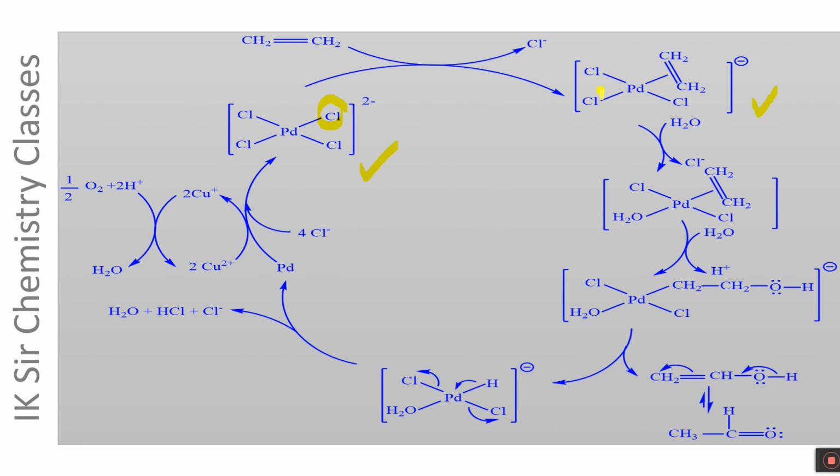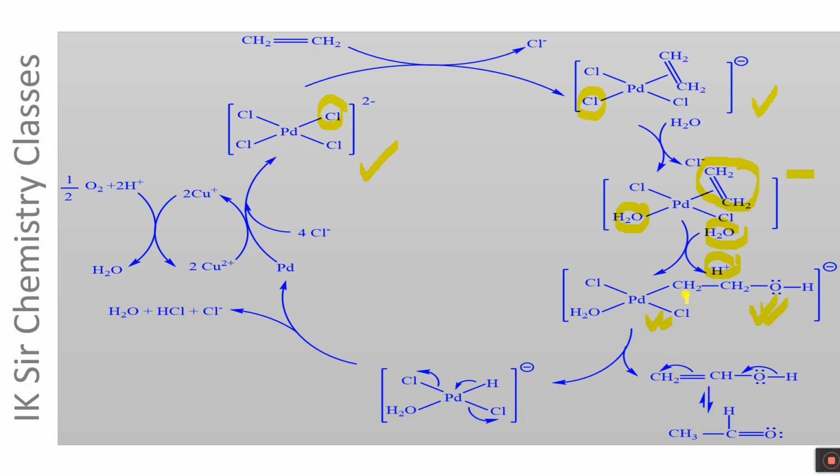Then the Cl- ion situated trans to the ethylene molecule, which has a high trans effect, is replaced by an H2O molecule, and as a result the negative charge on the coordination sphere disappears. Thereafter the coordinated ethylene molecule undergoes nucleophilic attack by H2O with liberation of H+ ion, and it leads to the formation of the beta hydroxyethyl group, sigma bonded to palladium, and it has a minus charge on the coordination sphere.